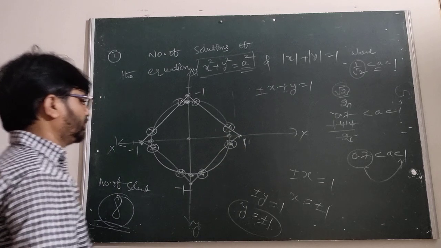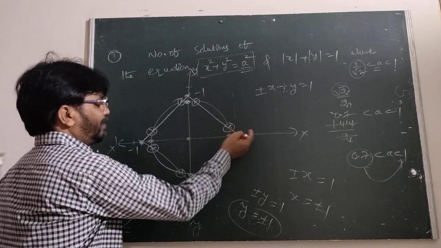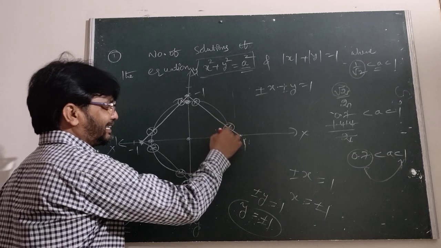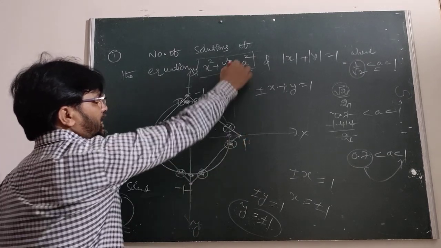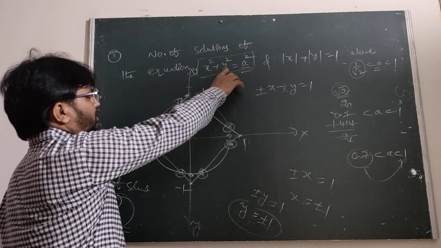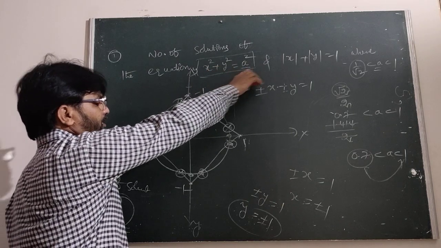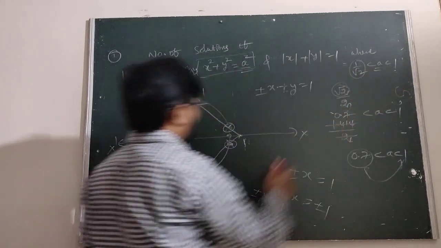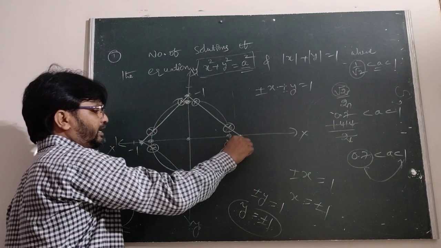Therefore, on the x-axis, 1 is above a, so 1 is greater than a. That's why x equals plus or minus a. Since a lies in the interval 1 by root 2 to 1, undoubtedly 1 is greater than a.